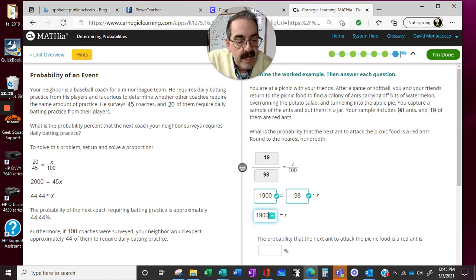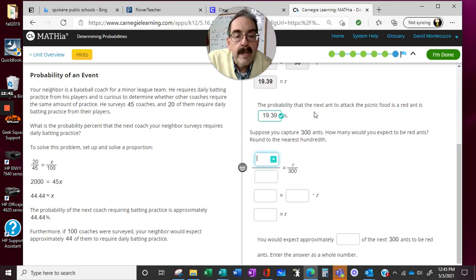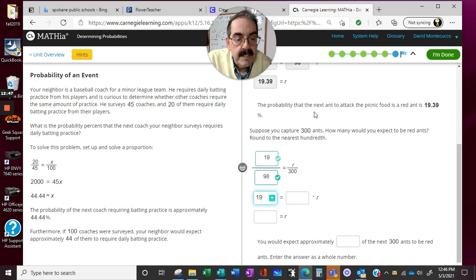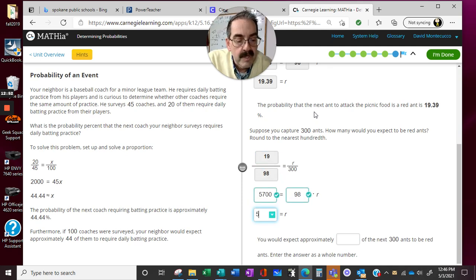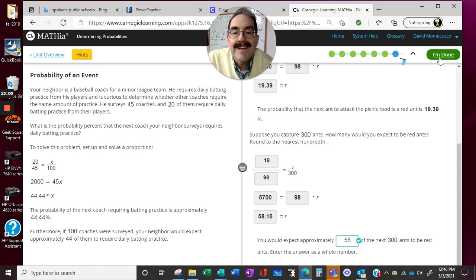Now we just divide out the 98, and that percent is 19.39%. 300 ants, so we have the same 19 over 98. 19 times the 300. We have 98 of them, so now we divide it out. And we would expect 58 of the next ants to be red. Okay, probability of an event.